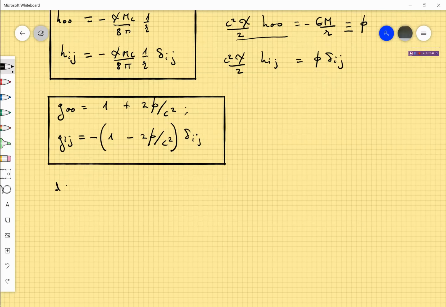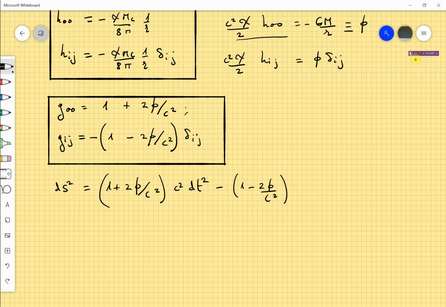If we write it like this, then we find this form. This is times c squared dt squared minus 1 minus 2 phi divided by c squared, and delta ij times dx i dx j, which is dx squared.